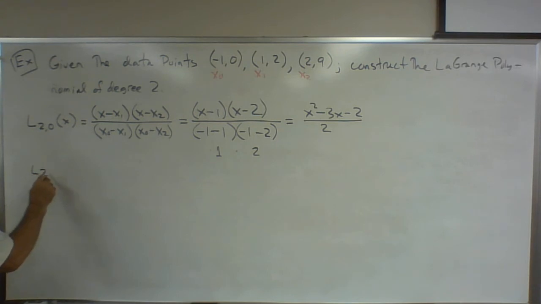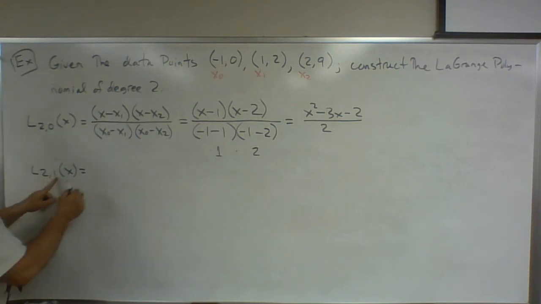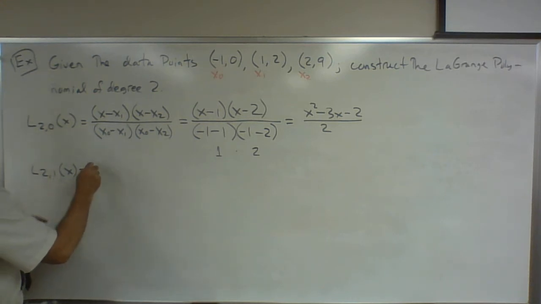Our second, the subscript is 1 here, and maybe I should say this is our 0th polynomial. This is our first. So we leave out x minus x1 here.